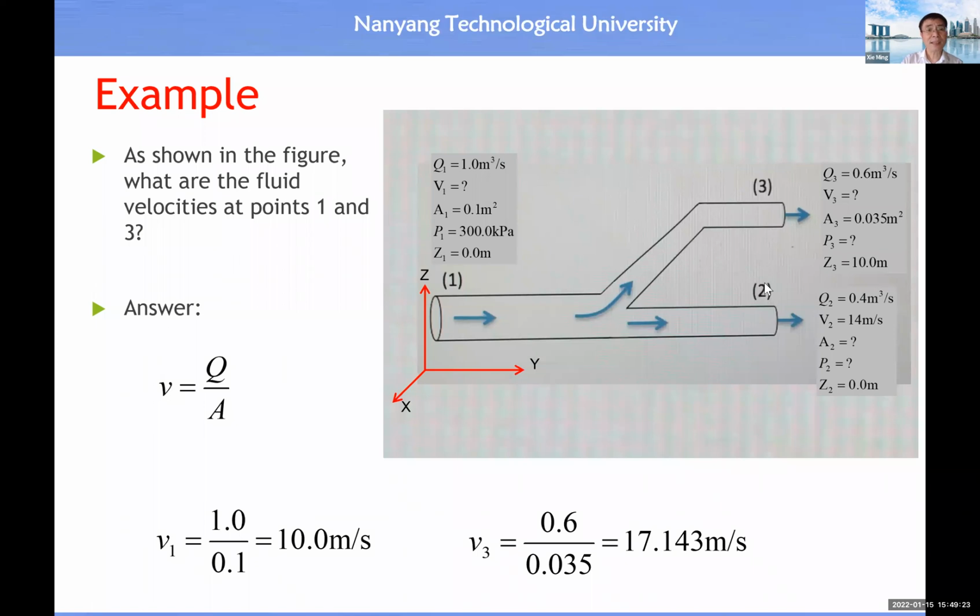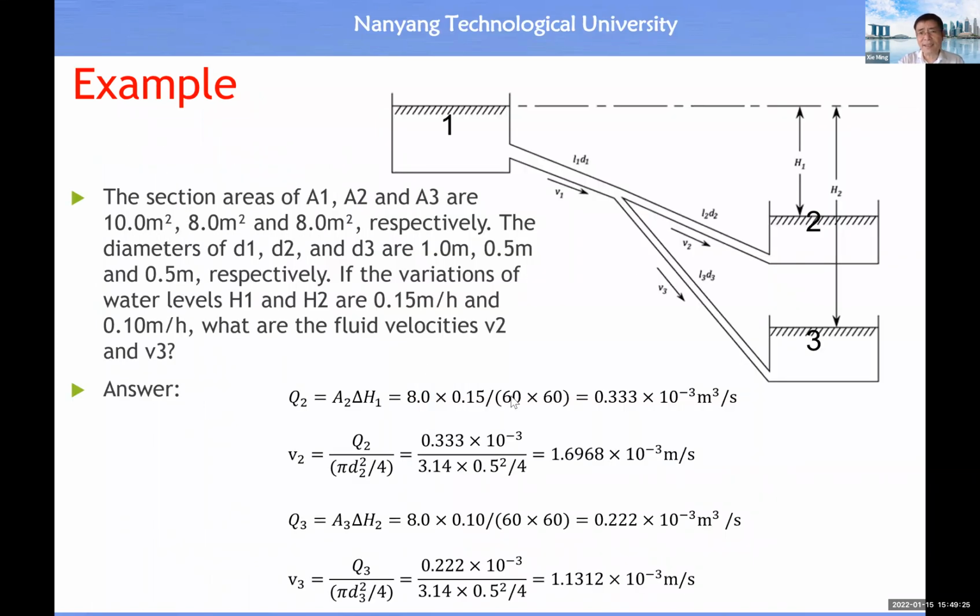And the next example, now here we have a fluid supply system which consists of 3 storage tanks and 3 pipes, like tank 1, 2, 3, pipe 1, pipe 2, pipe 3, and we have, let's say, level sensors to measure the fluid level inside tank 2 and the fluid level inside tank 3, and the sensor tells us that the variation of H1 is 0.15 meter per hour.